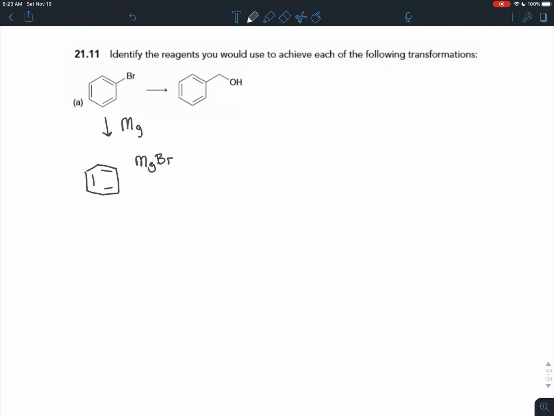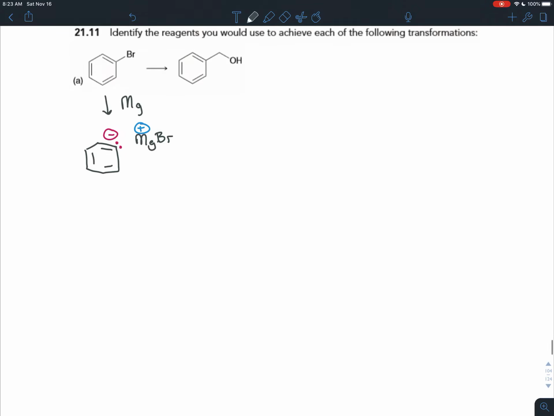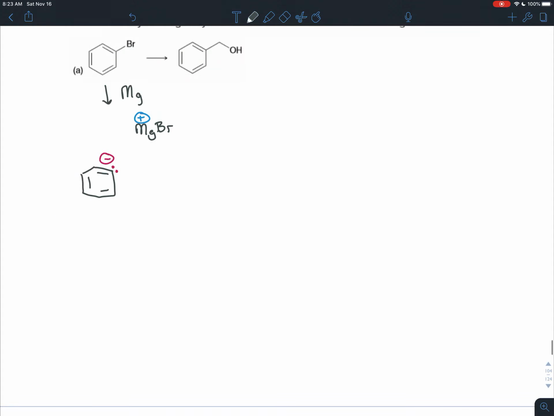Because now we have this carbon nucleophile. What this is effectively is a positive charge on the magnesium and a negative charge on that carbon. So that's our nucleophile. And if we want to add one carbon on here as an electrophile, you could potentially use something like methyl iodide.